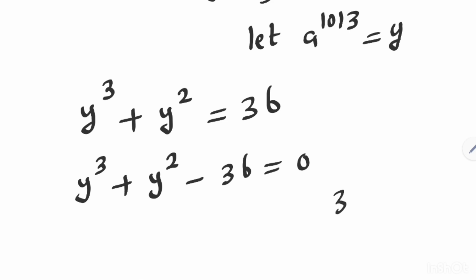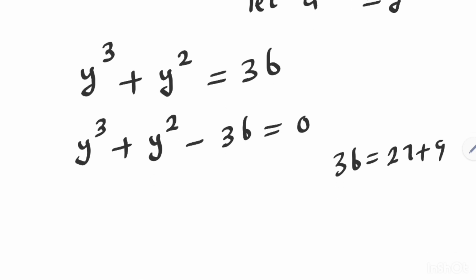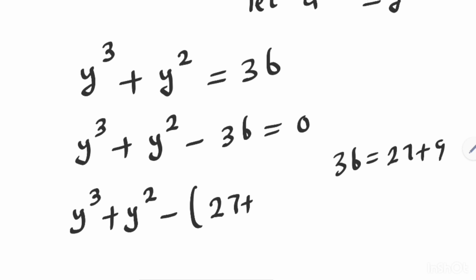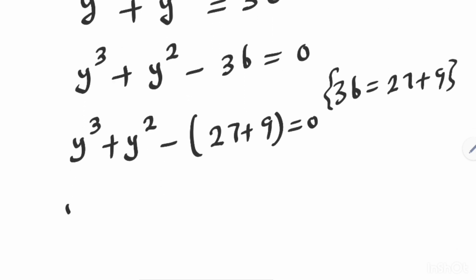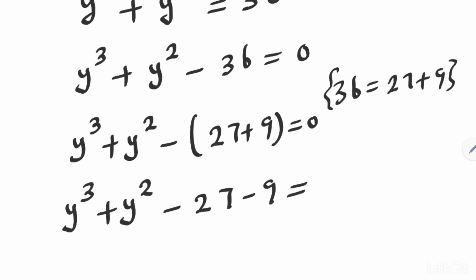But 36 is equal to 27 plus 9. So y raised to power 3 plus y squared minus 27 minus 9 is equal to 0.